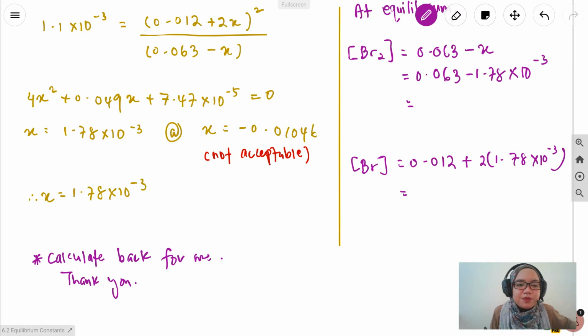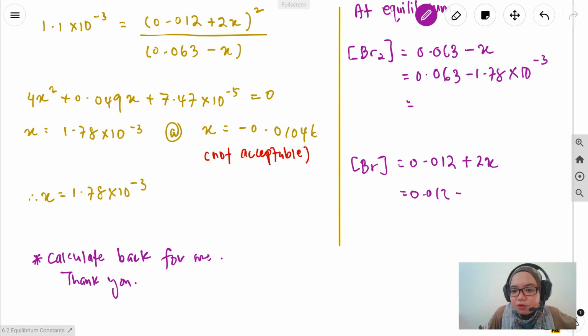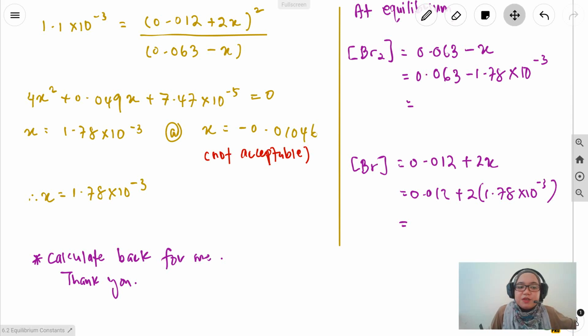Because I don't have a calculator with me, I use the answer scheme to find the answer, but it seems rather confusing. So please help me calculate this x, and then you can get the equilibrium. Let me correct this a bit: this one is 0.012 plus 2 times 1.78 times 10 negative 3 equals what? I hope you can help me.